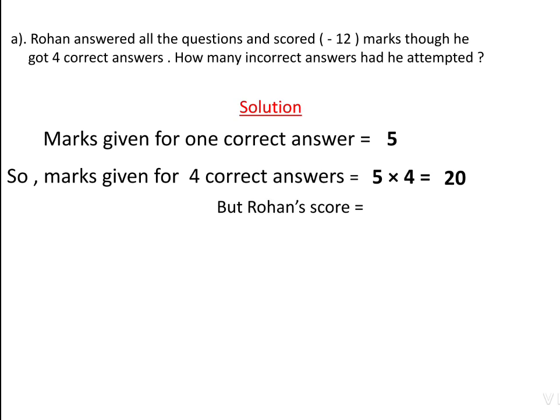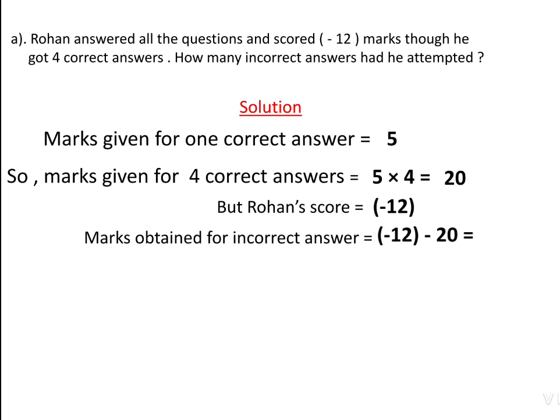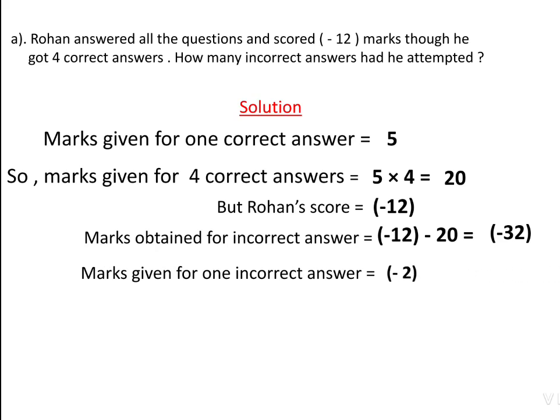Rohan's score equal to minus 12. Marks obtained for incorrect answers equal to minus 12 minus 20, that is minus 32 marks.